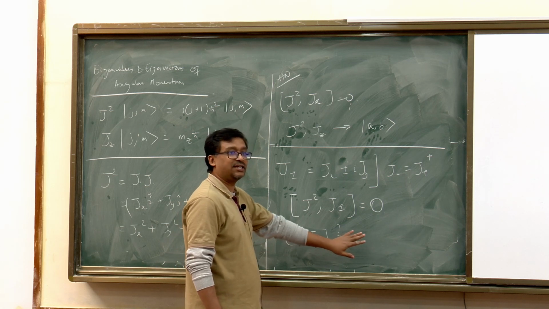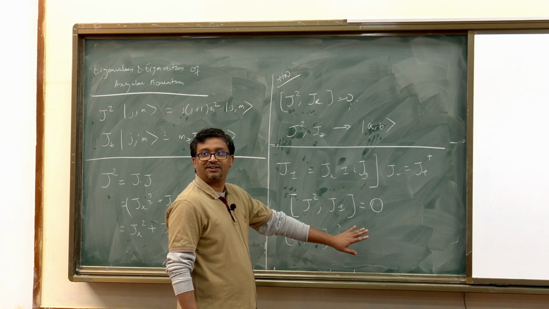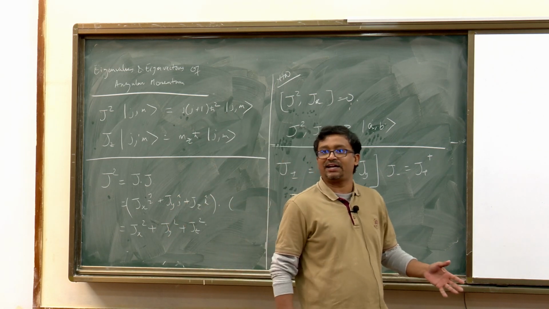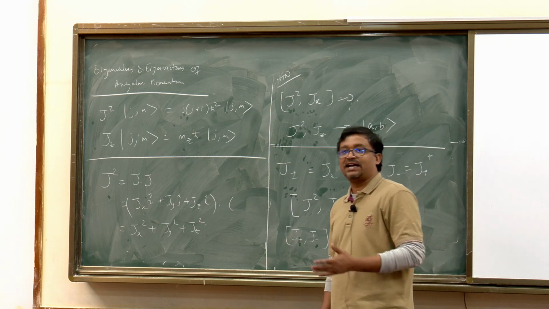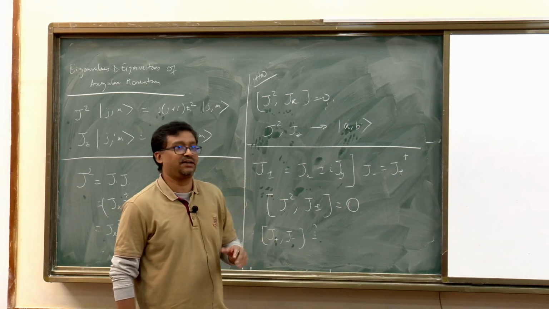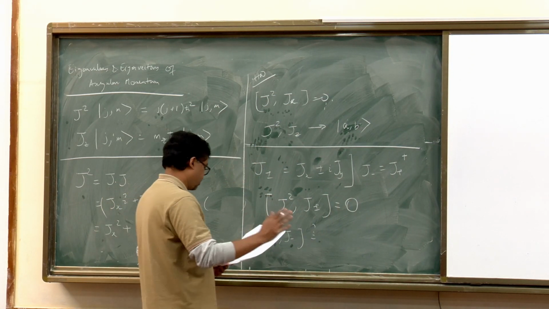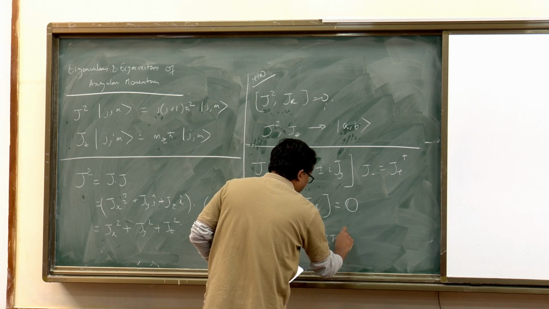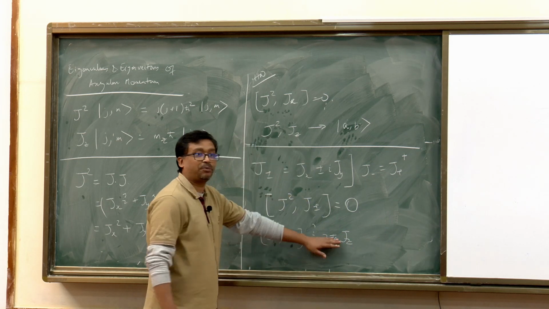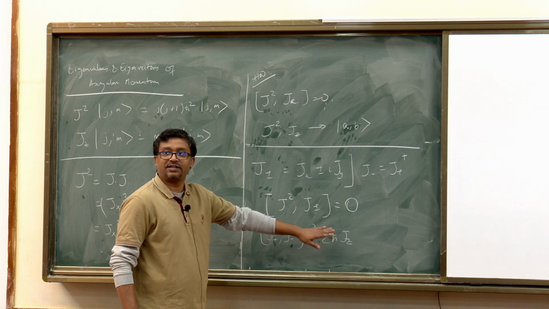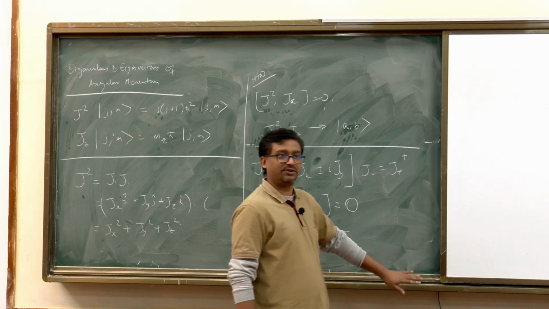So, this should be at least proportional to Jz, because the commutations that you will get are of Jx and Jy, which eventually give you Jz. The factors you cannot figure out without doing the algebra itself, but it should be proportional to Jz. That should be clear to you.